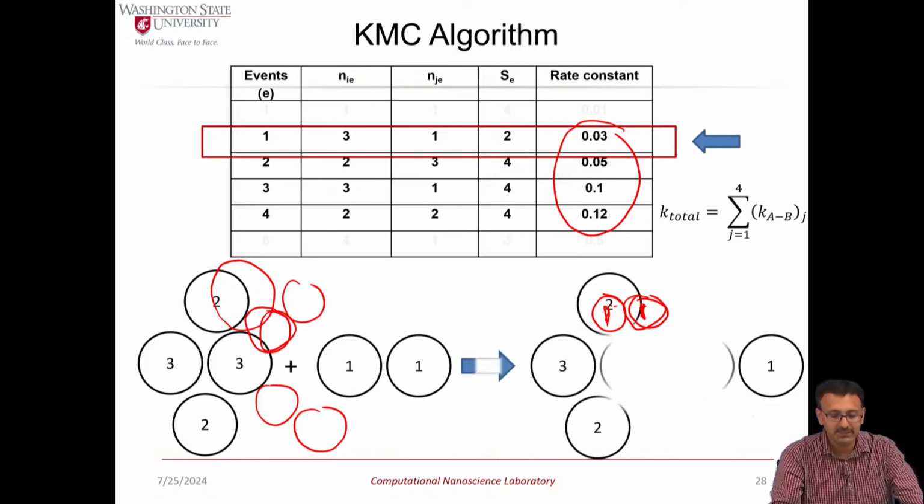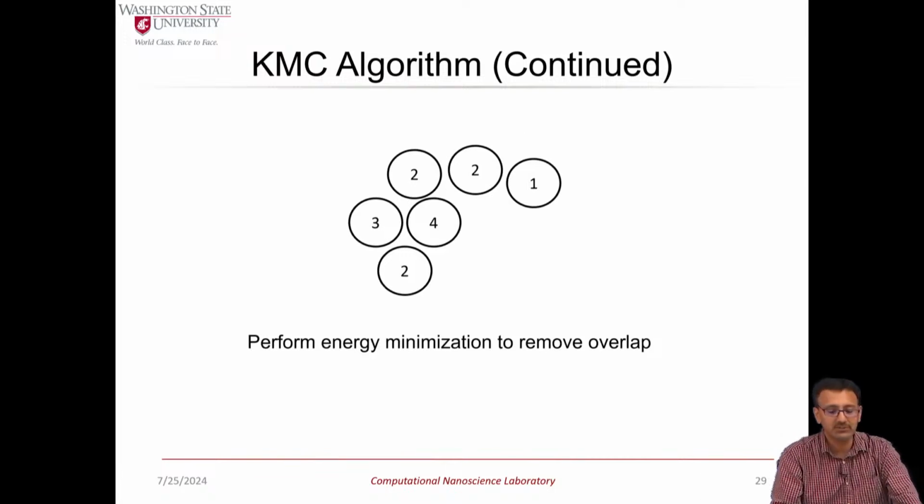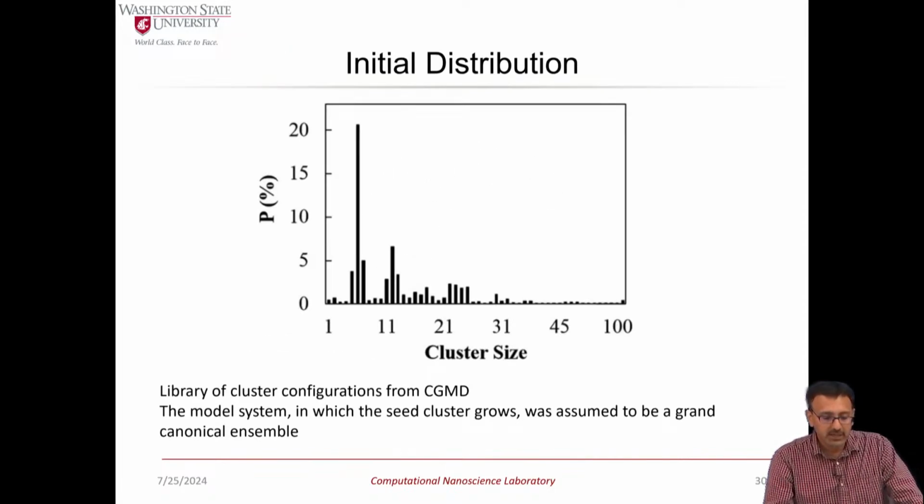So, there can be overlaps that result from this. Now how do you get rid of the overlap? You can perform a static energy minimization to correct for that energetically non-feasible configuration. So, that is the algorithm. The kinetic Monte Carlo has to have an energy minimization built into it, because this is off lattice. That is pretty important.